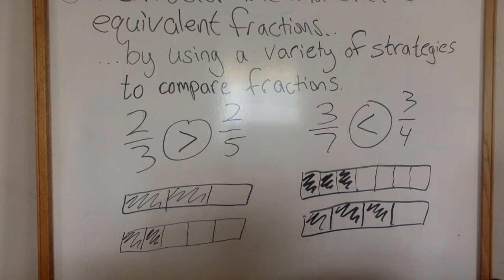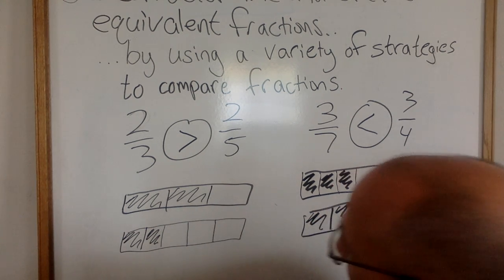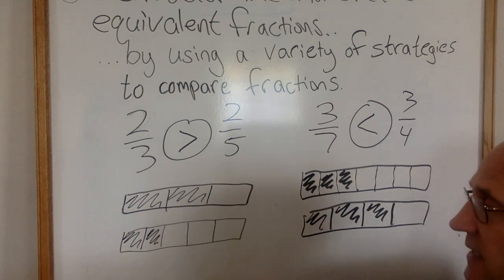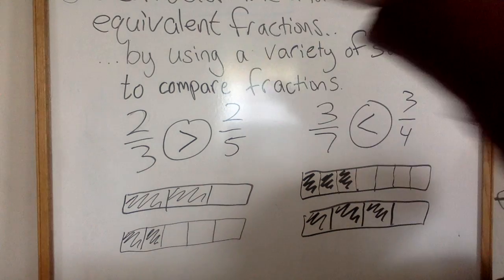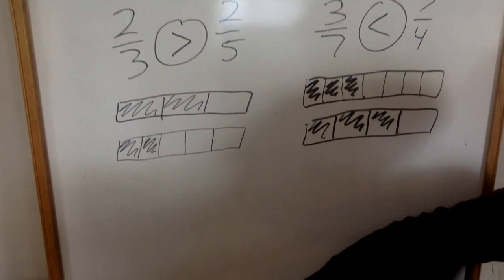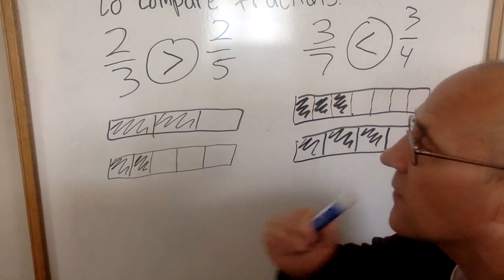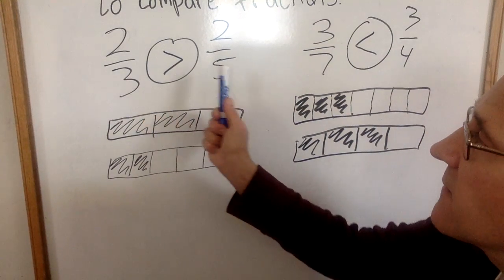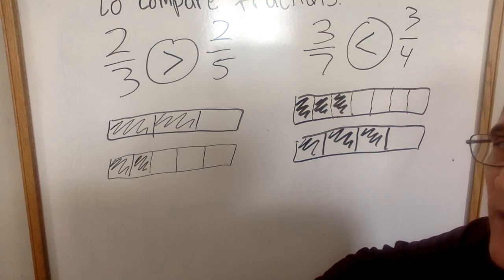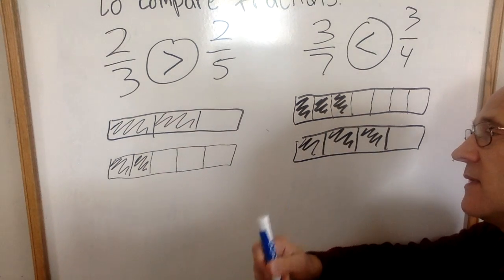Now, if you think back to earlier in the video, I talked about making a common denominator. Well, let's take a look at this. If I take 2/3 and I think, what can I make 3 and 5 both into? I think of my multiples of 3 and my multiples of 5, and the first one they have in common is 15.